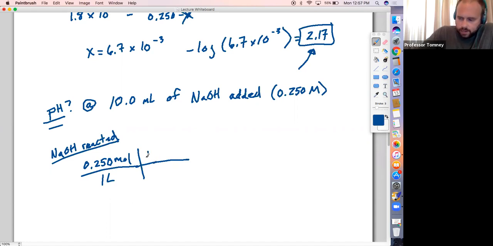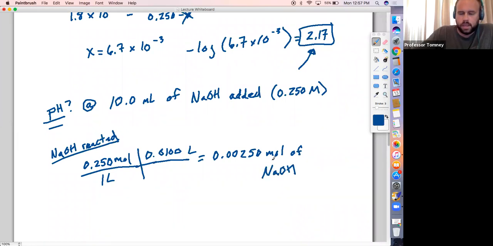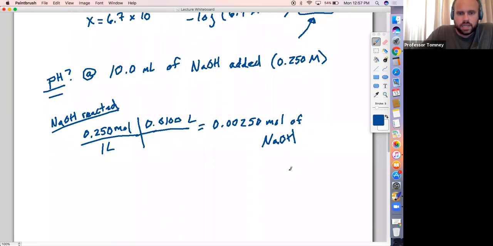So let's convert that into liters, minding the significant figures. Okay, the liters will drop out, and I'll find that I have used 0.00250 moles of sodium hydroxide. So that's the number of moles that need to come off the initial amount of acid.